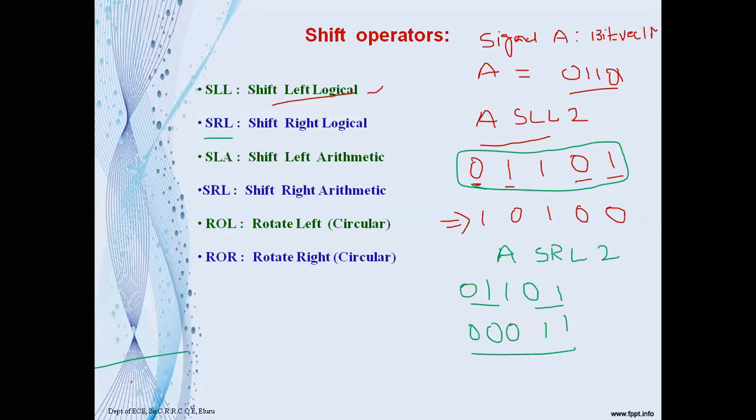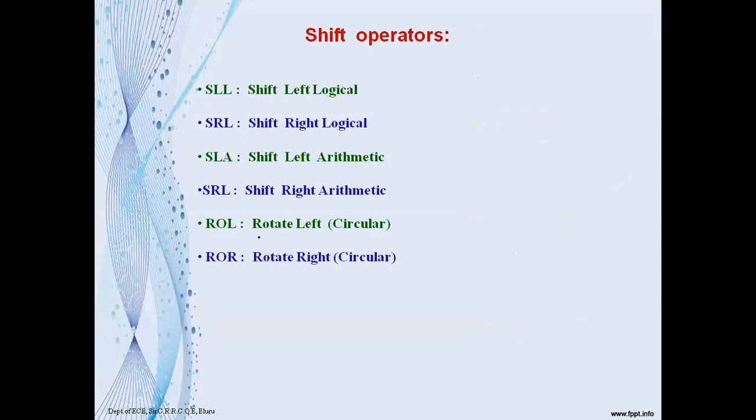Now we will see the examples for these two operations. The next pair of operations are shift left arithmetic and shift right arithmetic. Consider the same one, A SRA, shift right arithmetic, by 2 times.